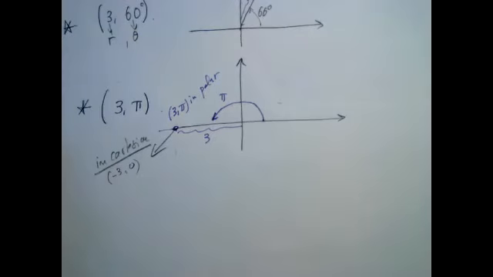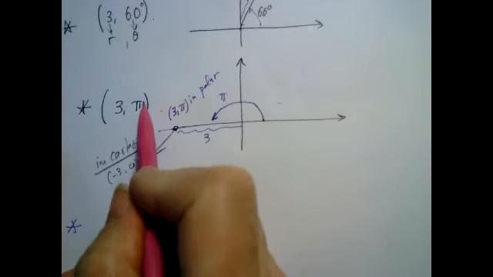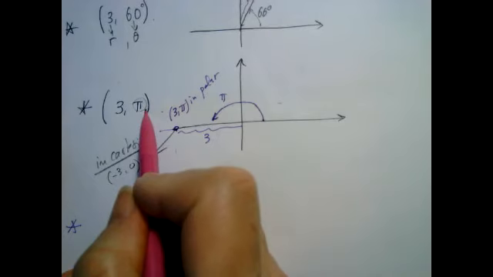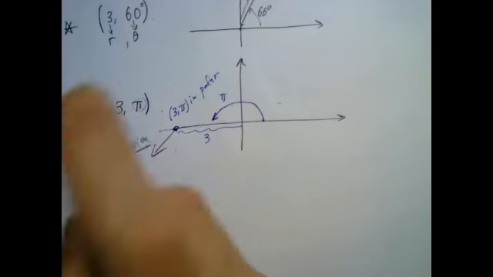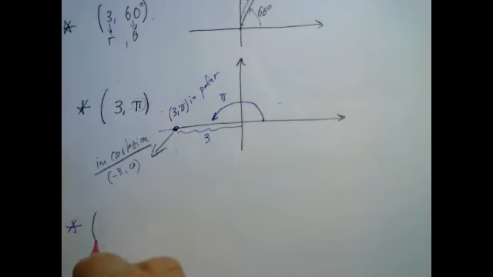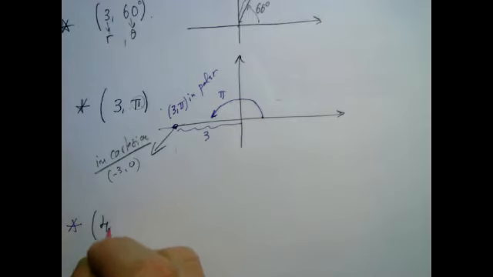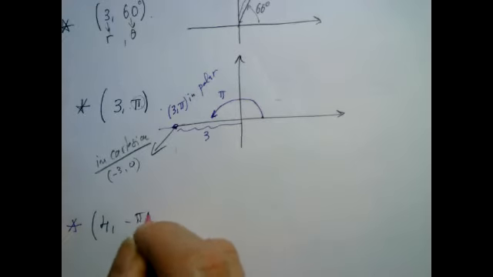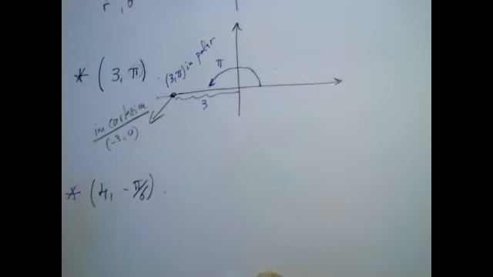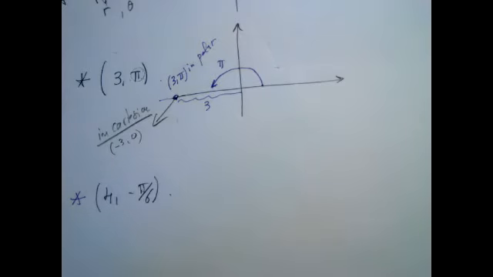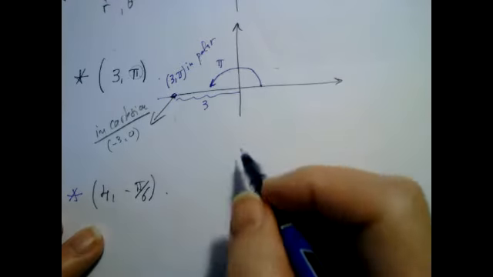Okay, let's do another point along the same line. And remember, when I don't put anything here, it means the unit is radians. If I put something, it means the unit is degrees. So suppose I put (4, -π/6). So definitely I am working in radians here. So again, we have to locate the point.